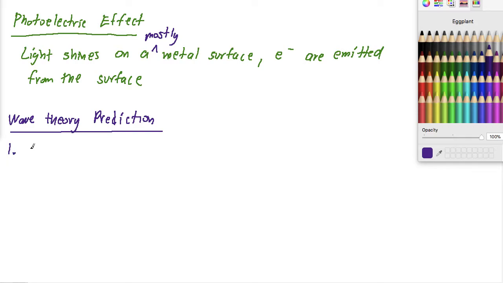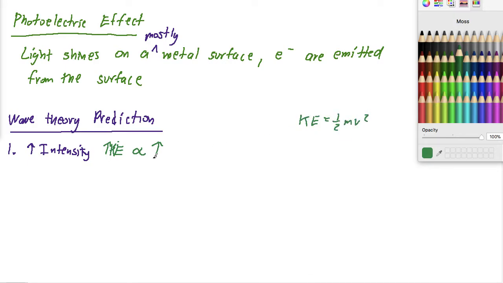Number one, it predicted that the higher the intensity that a surface is exposed to, the higher the kinetic energy will be of the photon, and therefore, which will be proportional, as we remember, kinetic energy is 1/2 mv squared.